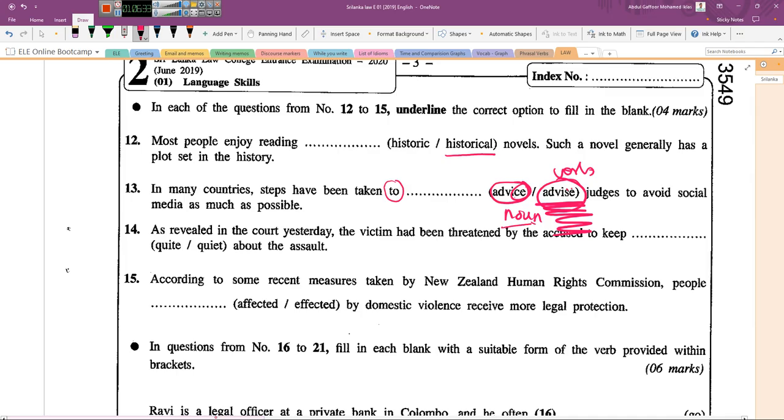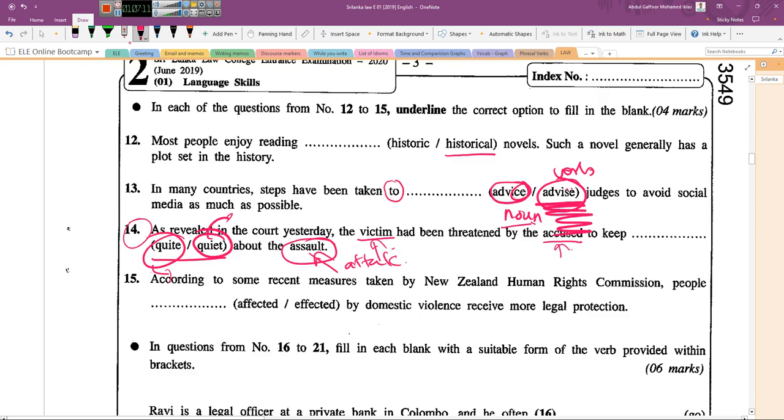Okay, right. The 14th one, as revealed in the court yesterday, the victim who was affected had been threatened by the accused, the culprit or the criminal, to keep quiet about the assault, right? So assault means attack. So keep quiet or quite, which word will come here? This quiet is the answer, because be quiet, the teacher said be quiet, right? The other quite means fairly or pretty.